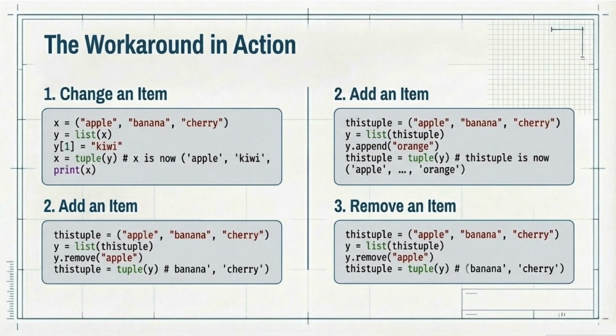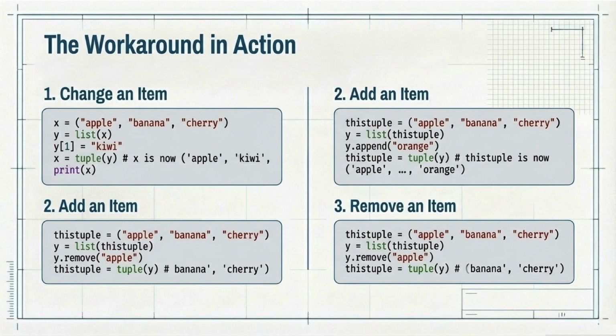To add an item, the tuple containing apple, banana and cherry is again converted into a list and a new element such as orange is added using y.append("orange"). Converting this list back into a tuple produces apple, banana, cherry and orange.